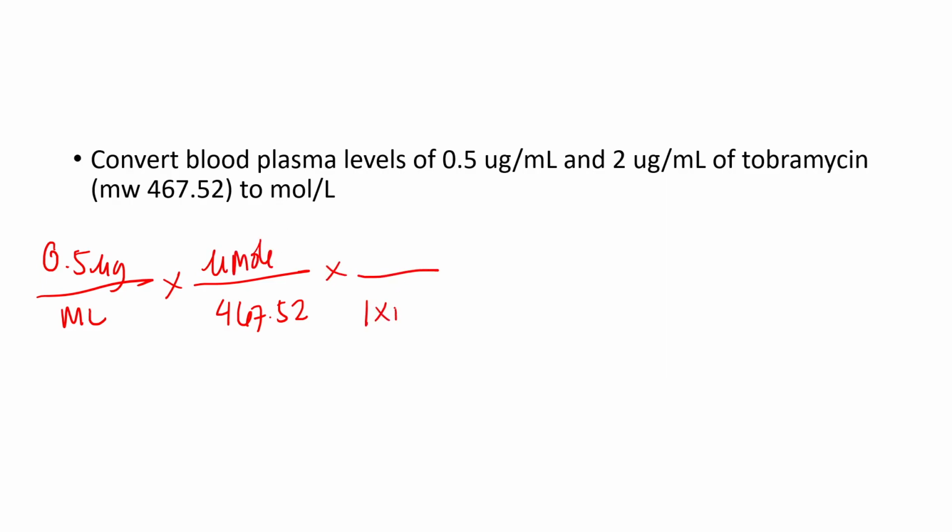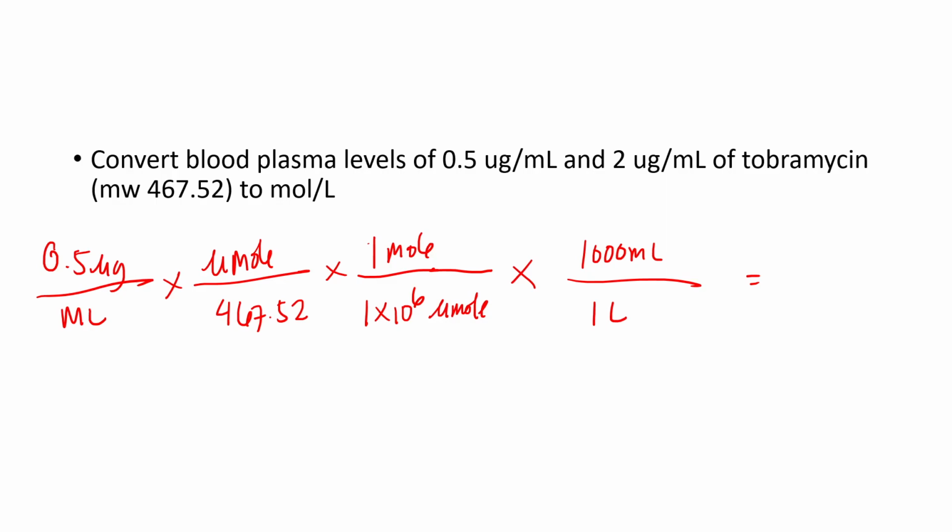And 1 times 10 to the 6 micromoles is 1 mole. So we already have moles on top, and let's just convert ml on the bottom. 1000 ml is 1 liter. So 0.5 divided by 467.52, divided by 1 million, times 1000.